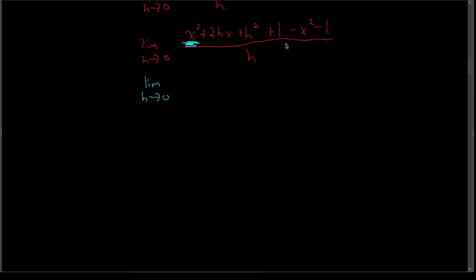I'm pointing to the screen in the room here while talking about it, so I'm going to colorize it here also. The parts of the original function, the x squared plus 1, are subtracted out, and what's left behind upstairs is the effect of the change.